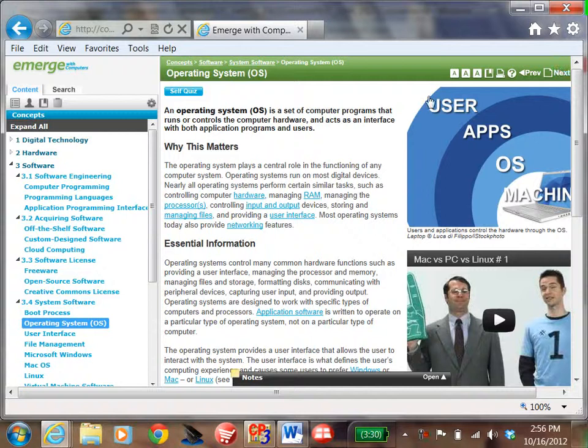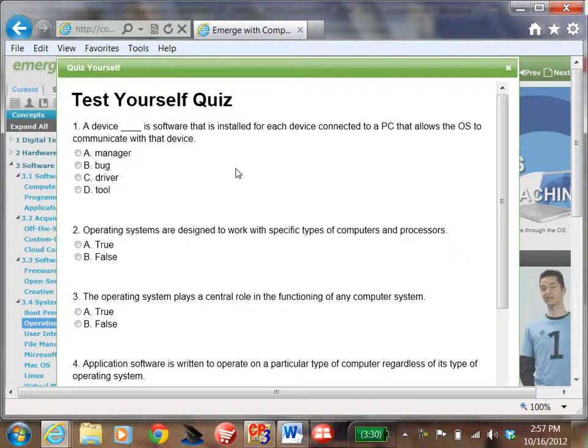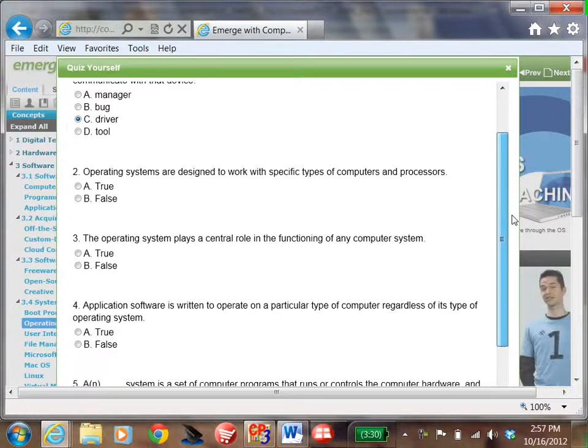Okay? These self-quizzes actually, click on that, okay? The device blank is software that's installed for each device connected to a PC that allows the OS to communicate with that device. It's a device what? Device driver, right? Operating systems are designed to work with specific types of computers and processors.